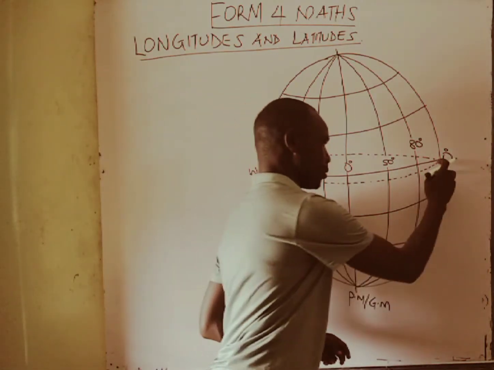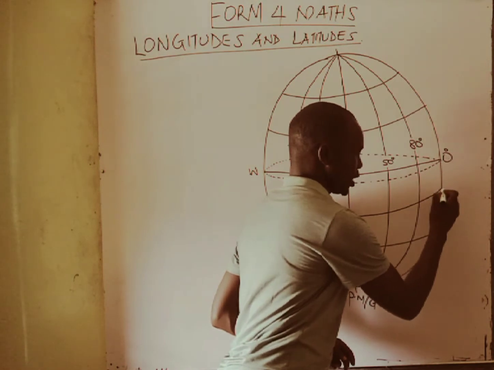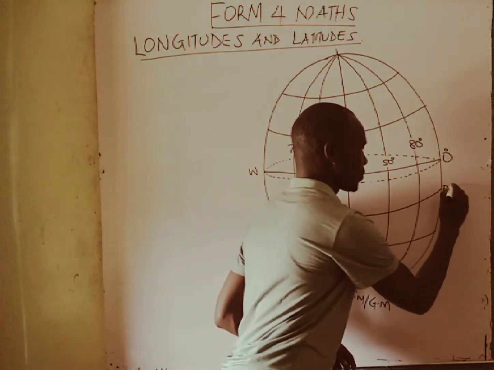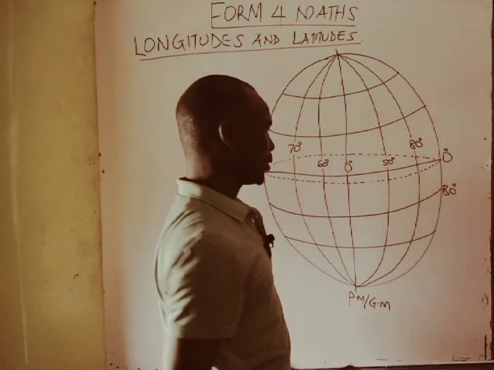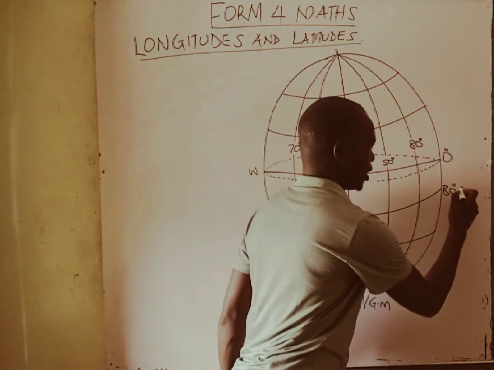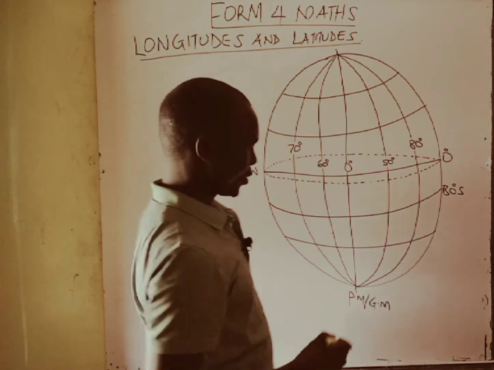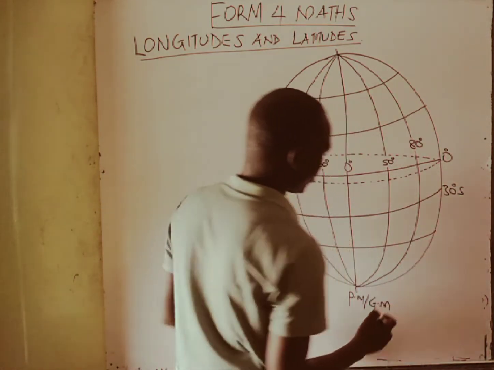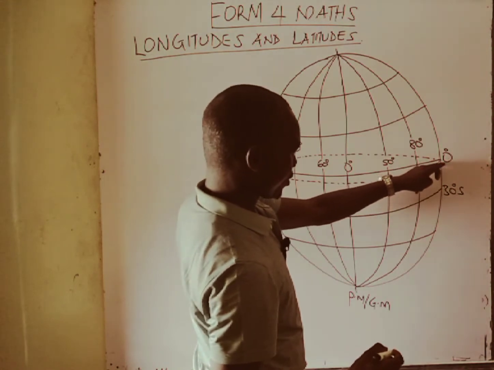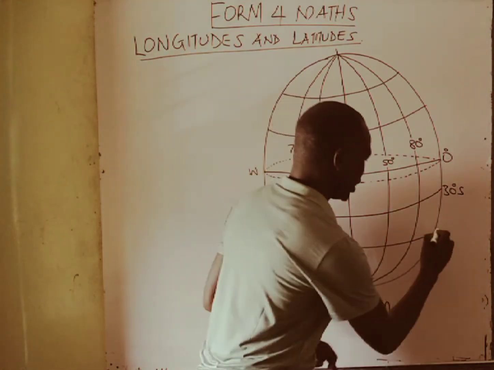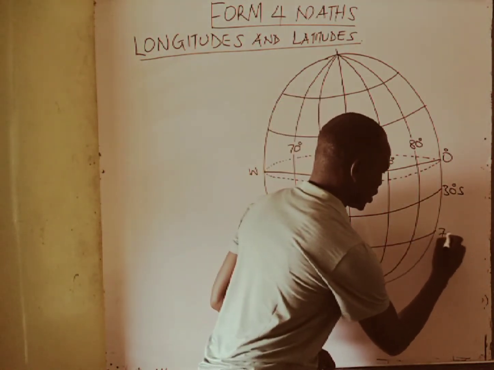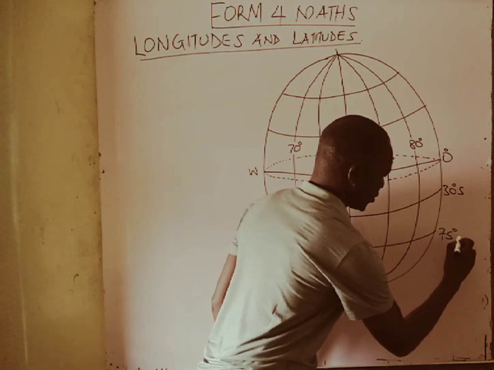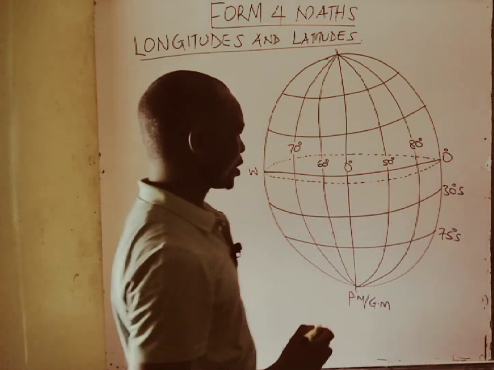Assuming you measure from 0 to this point and say we have, for example, 30 degrees, since it is to the southern part of the equator, we say this one is 30 degrees south. We can also measure the degree difference from 0 to this latitude, and let's say it's around 75 degrees. Since it is to the south, we say it is 75 degrees south.